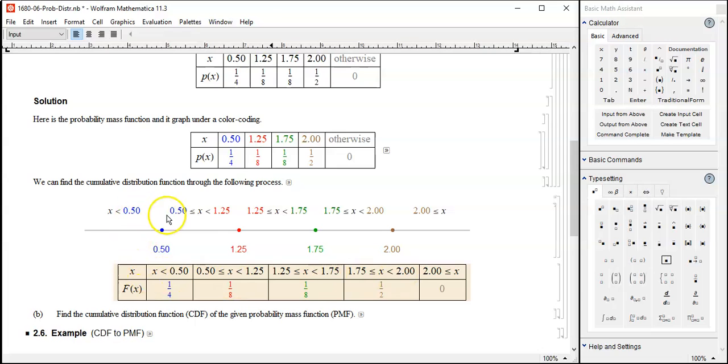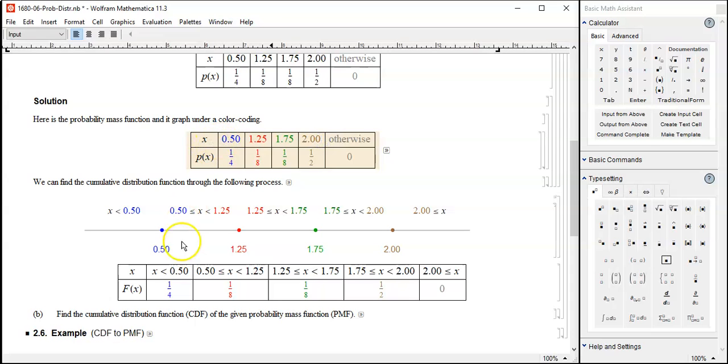Okay, I just moved these intervals up there in the diagram down to these. So this diagram here was just for explanation. Experienced students will go from here to there directly. We have 0.5, 1.25, 1.75, and 2.0.